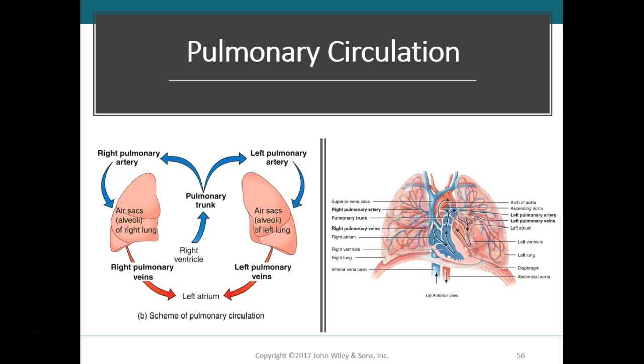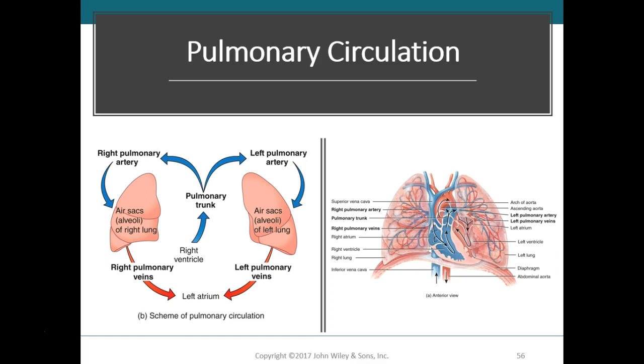When we inhale, we bring in oxygen from the atmosphere, the atmospheric gases, and that oxygen fills the little alveolar sacs in the lungs, and when the blood is out there in those capillary beds, CO2 gets dropped off, oxygen gets picked up. So the pulmonary capillaries then, carrying that oxygenated blood, are going to unite to form small little veins called venules, and then eventually into larger pulmonary veins.